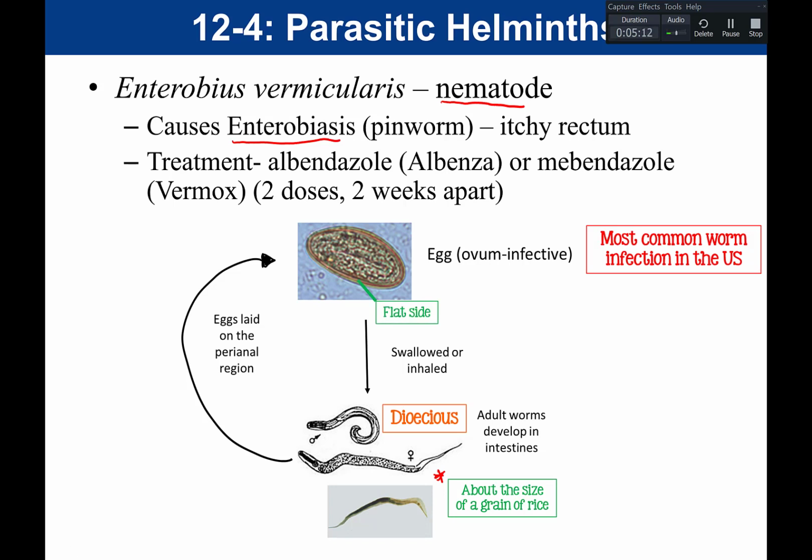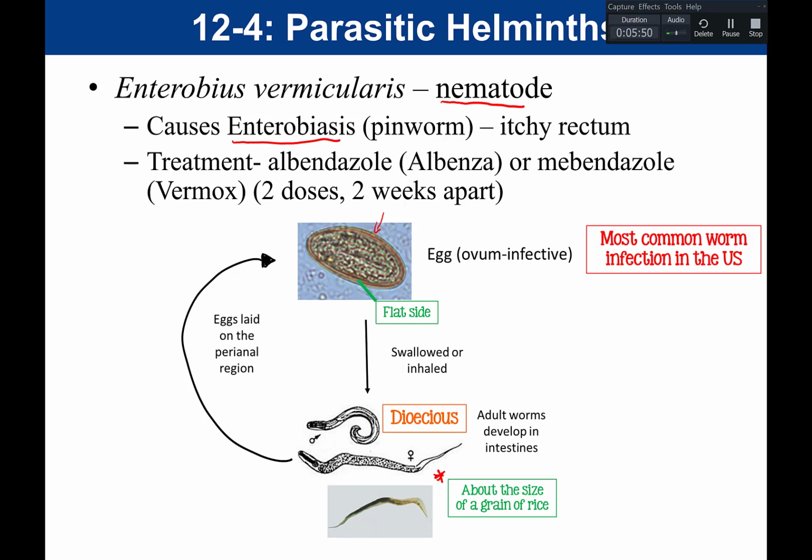What you're looking for on the egg is that overall it has an oval shape, but one of the sides of that oval is flattened. You'll notice that this side up here is more rounded, but this bottom part here is more flat. That's what you're looking for when you're trying to identify the Enterobius egg. You're looking for that one flat side. Those are the two stages that you are responsible for on the exam. So the egg and the adult.